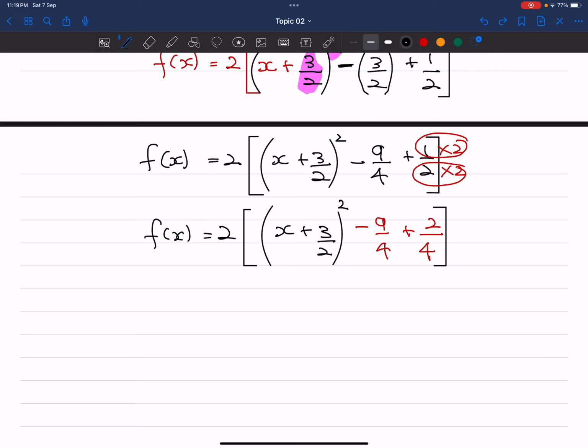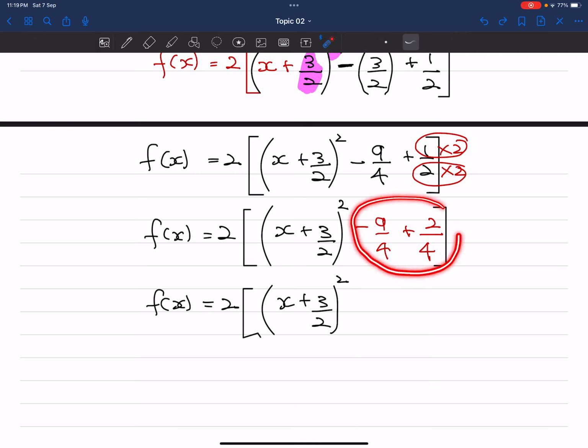I merely did this normal fraction. So now your f(x) equals 2, the square brackets, write back again the curly brackets, that is x plus 3 over 2 square. Now we are going negative 9 over 4 plus 2 over 4. That would be negative 7 over 4.